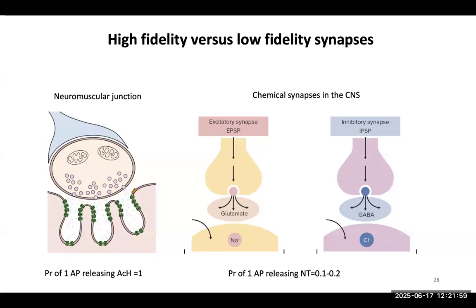Probability of release and the amount of vesicle that gets released is not the same. The probability of release happening is either 0 or 1, but when it happens, some will release larger quantal vesicles versus less.